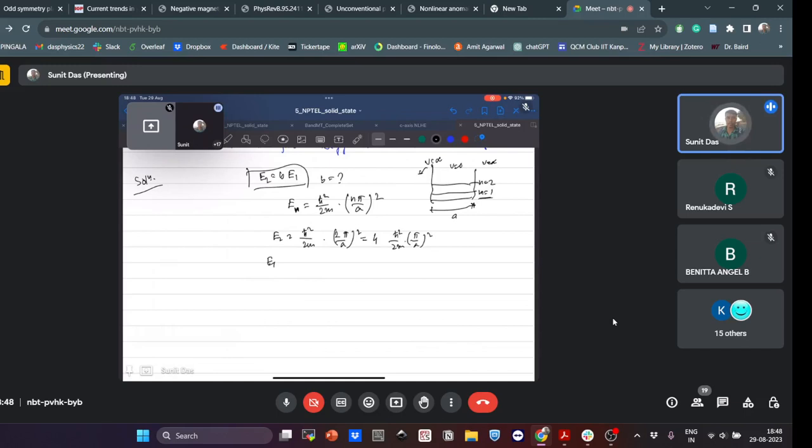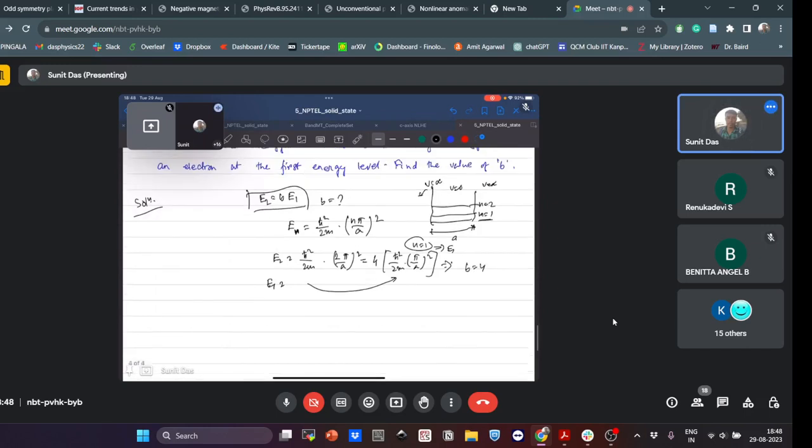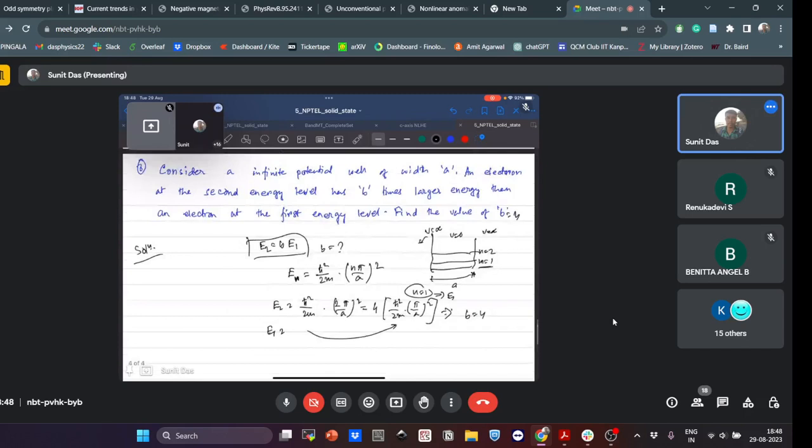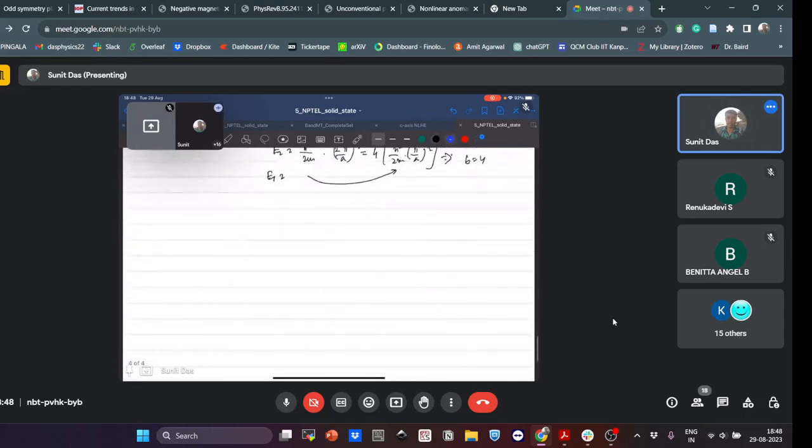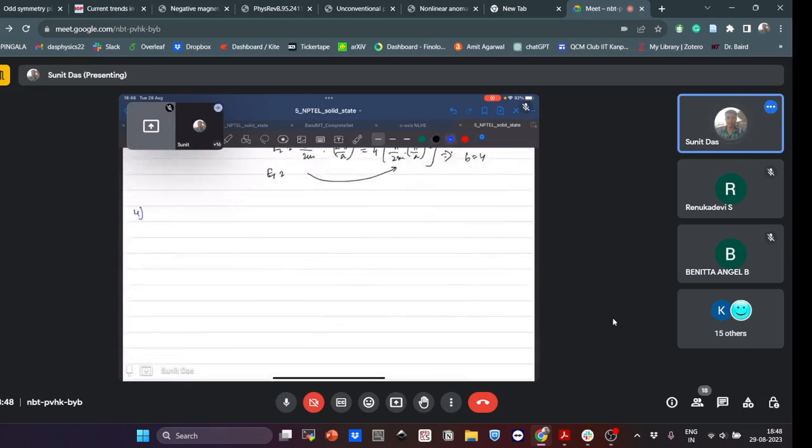Now obviously E1 will also be this one apart from this 4 factor because n equal to 1 for E1, right? So then B equal to 4.